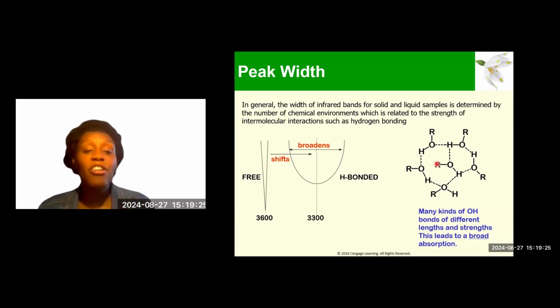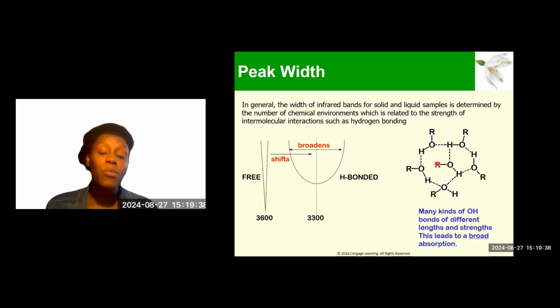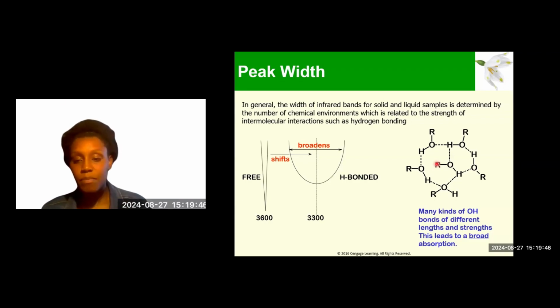And this characteristic is important when you're looking at different functional groups that show up in the same area. Even though you have a peak in the same area as something that you expect, if one has hydrogen bonding where one doesn't, whether the peak is broad versus small will let you know what that functional group is.